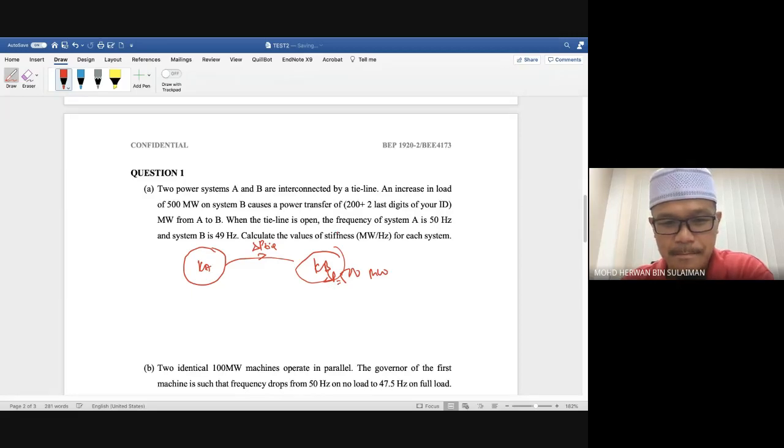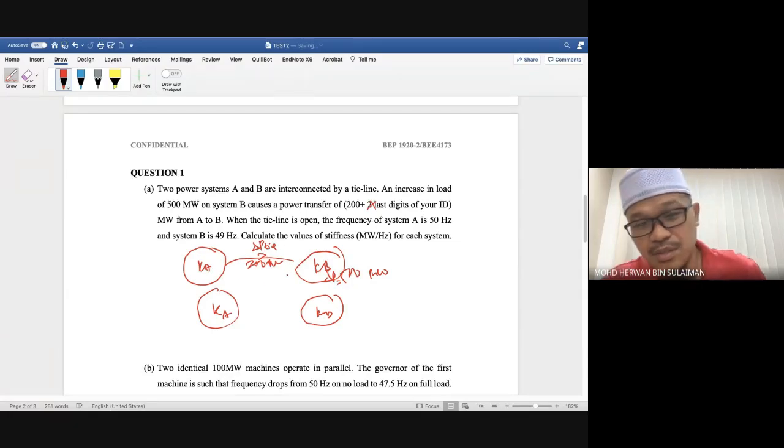In B, let's say there is none, so 200 goes. Okay, when there is an increment in KB, the power transfer from KA to KB is 200 megawatts. And then when the tie line is open, at the beginning your frequency is similar, operating at the same speed. When the tie line is open, system B is 49.